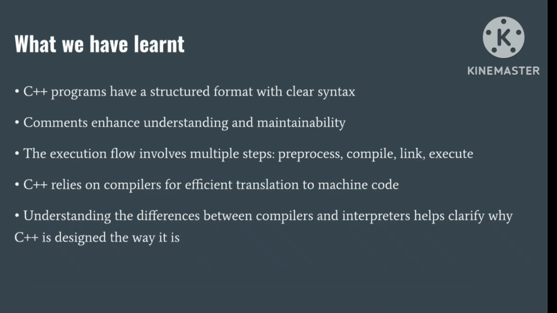C++ relies on a compiler for efficient translation to machine code. It does not use an interpreter, it only uses a compiler. Understanding the difference between compiler and interpreter helps us clarify why C++ is designed the way it is, and why it uses only compilers.